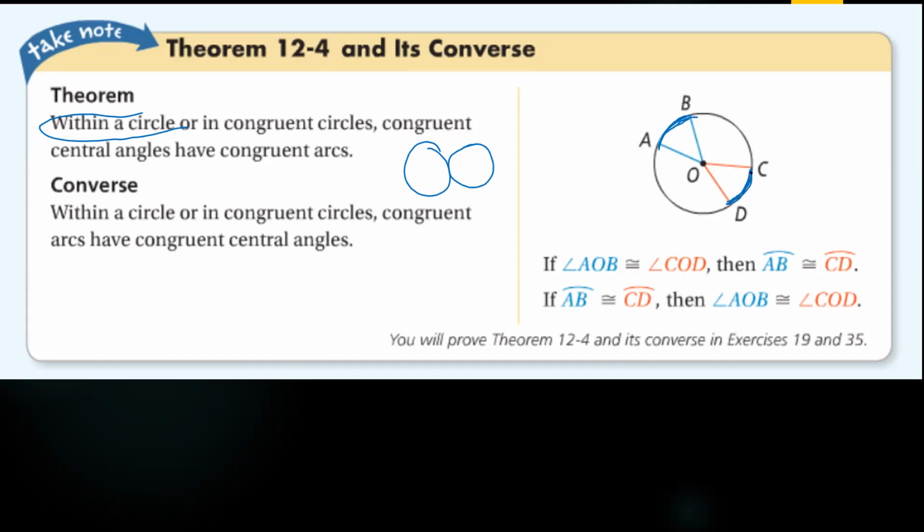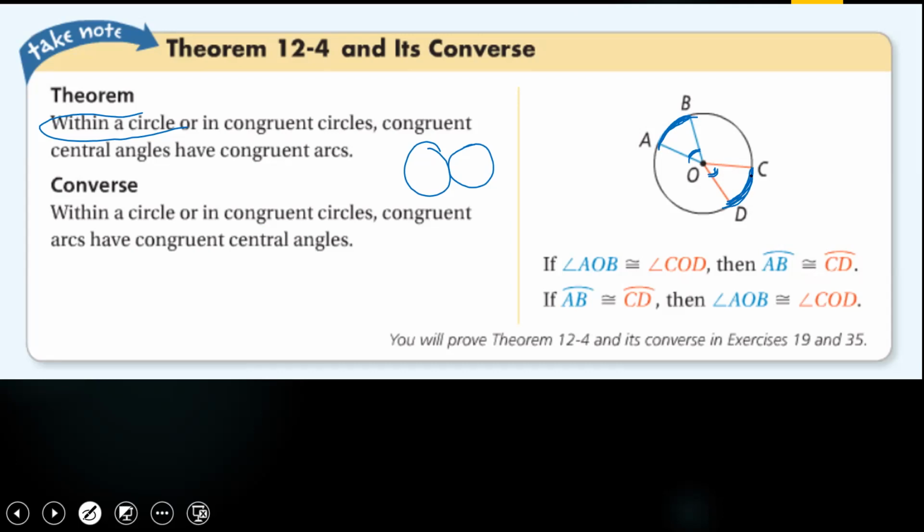This theorem tells me that if the angle AOB, which is this central angle, is congruent with the angle COD, that means the arc AB is congruent to arc CD. Do you remember in this chapter 10, we said that the measure of the central angle is the measure of its arc.